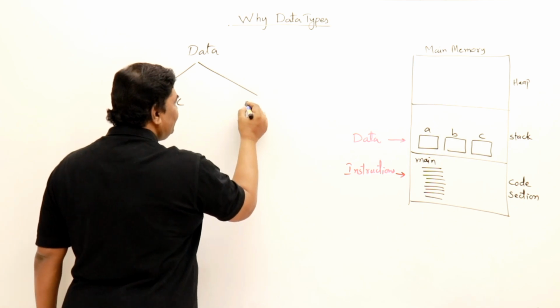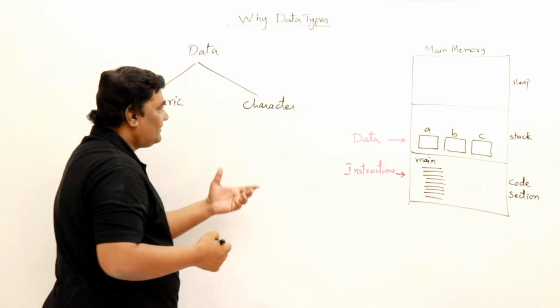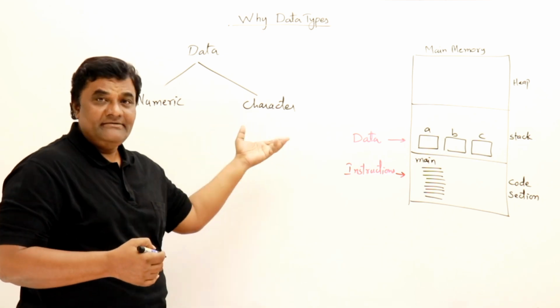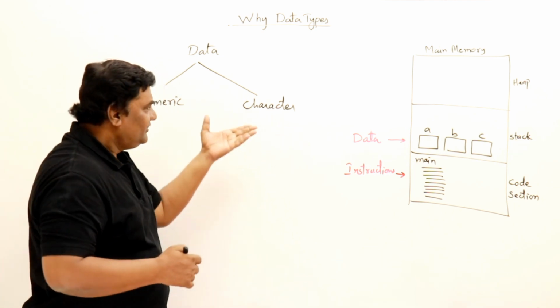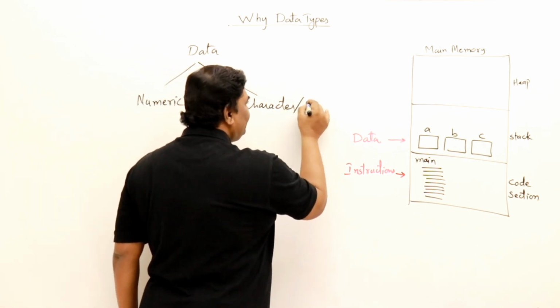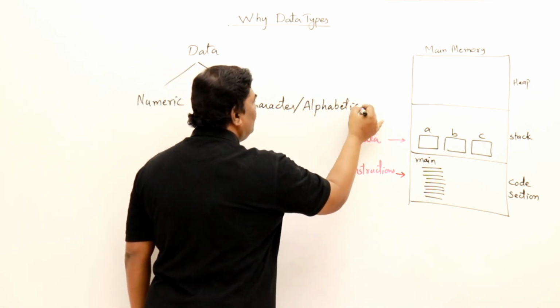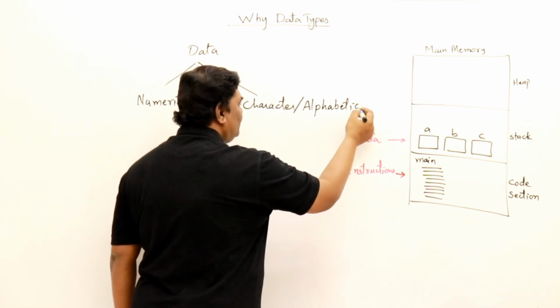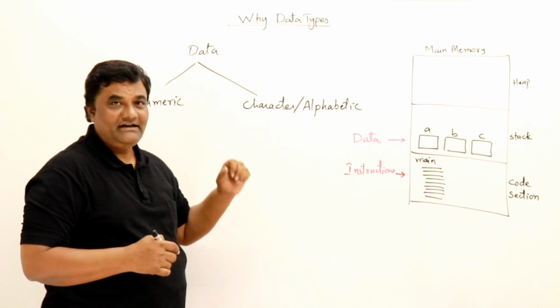Then we use character type data, that is words or sentences or names of places, in the form of characters. You can also call this alphabetic data. So data is either numeric or alphabetic, or you can say character.